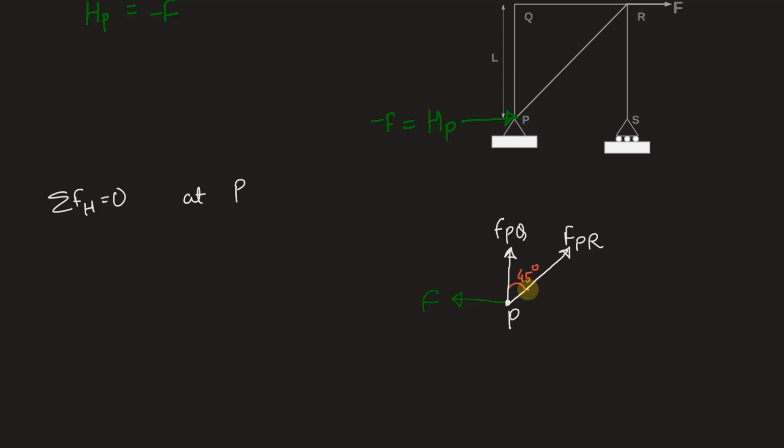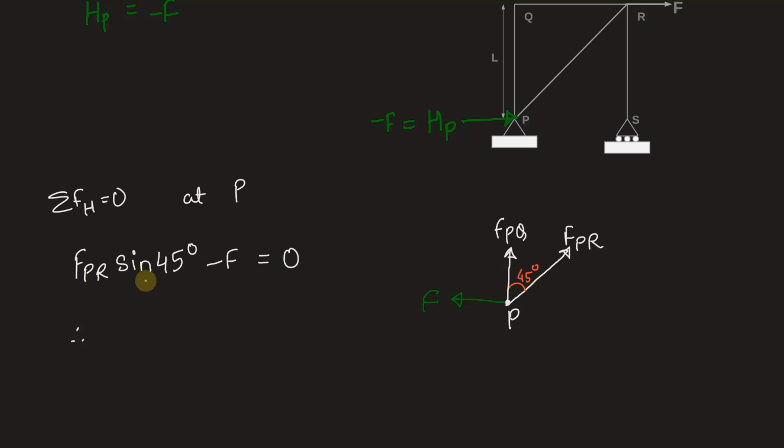Which are the horizontal forces at this joint P? It is nothing but the horizontal component of this slant force FPR. It is towards the right, so it will be positive FPR, and the horizontal component will be sine 45 degree. And this is towards the left, so we will write minus F is equal to 0.